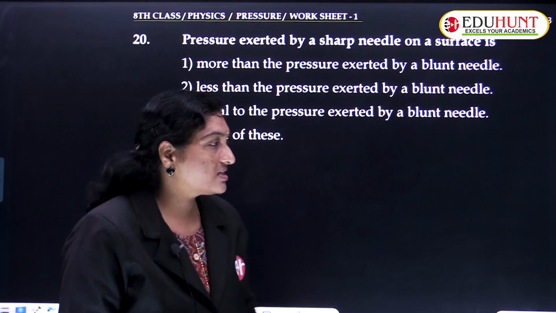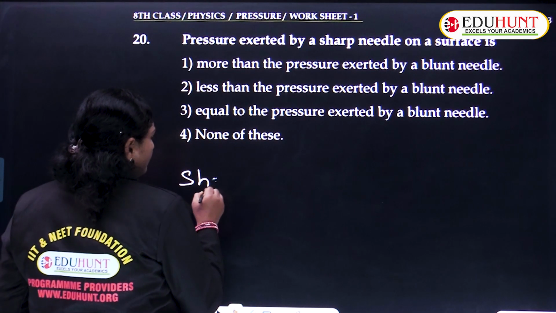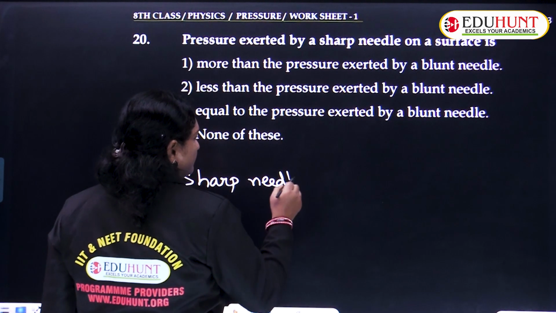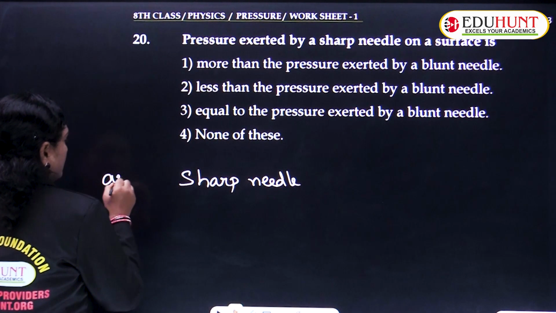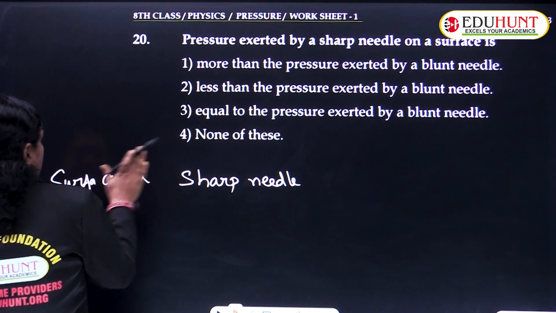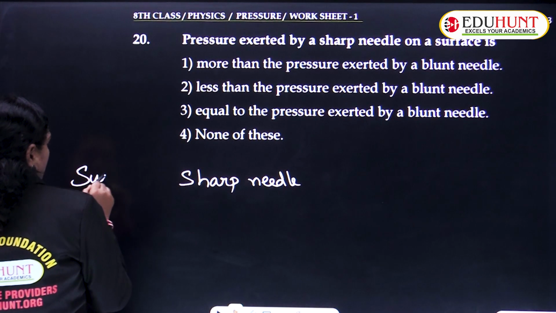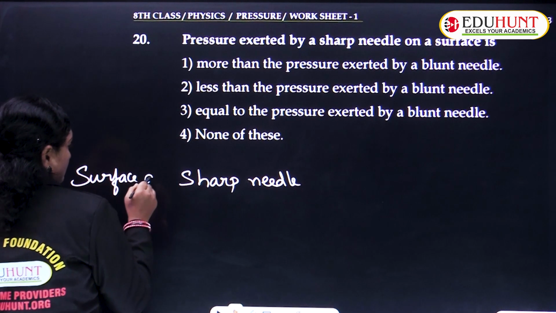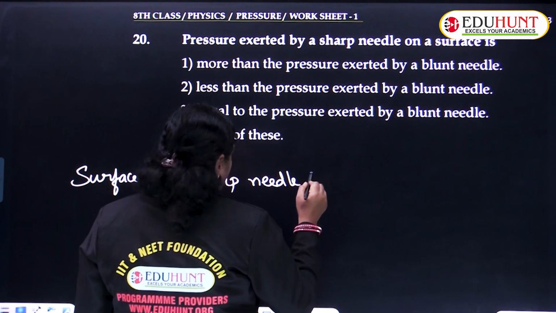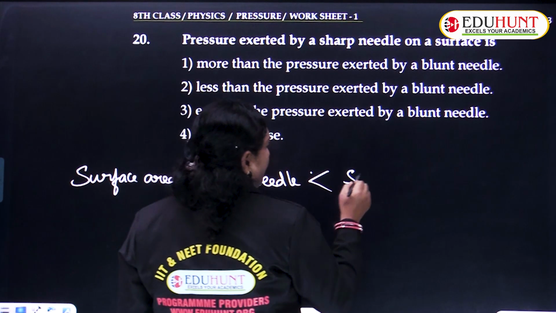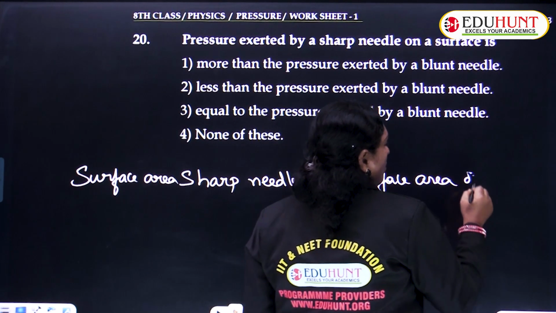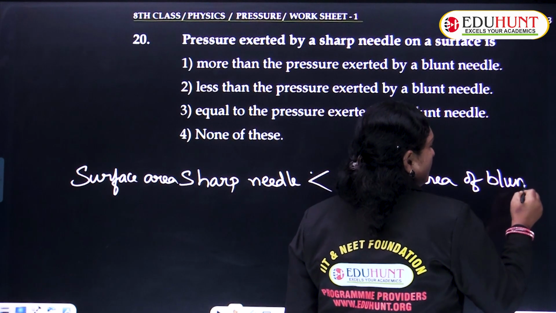So surface area of sharp needle is small as compared to the surface area of blunt needle.